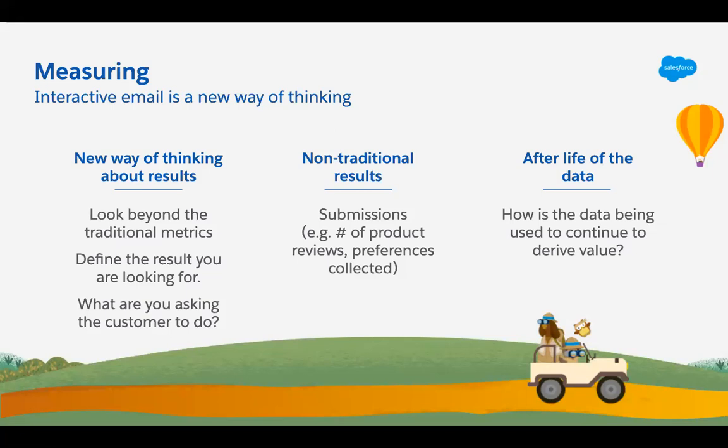So it's important to define the results that you're looking for and really think about what you're asking the customers to do. Think about the clicks to that submit button. What do those drive? Is it product reviews, preferences collected? Is it the number of data points? Is that your metric for success? That's an important distinction when you start thinking about interactive email.